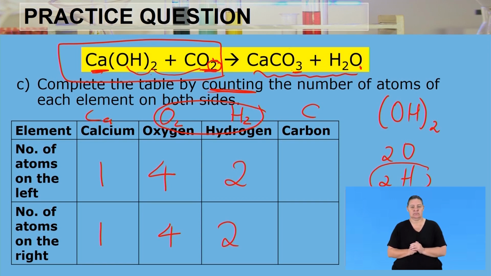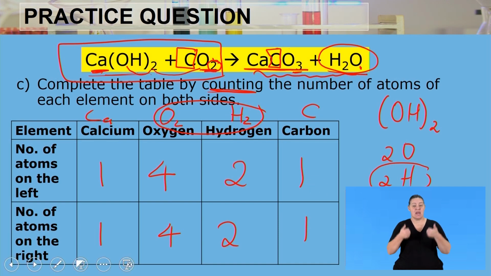Then carbons. On the left-hand side, our carbon is only this one here, so it's just 1 carbon. On the right-hand side, our carbon in the calcium carbonate is only just that one, so we also have 1 carbon on the right-hand side.